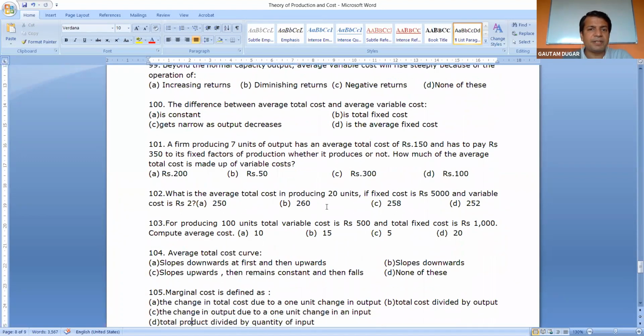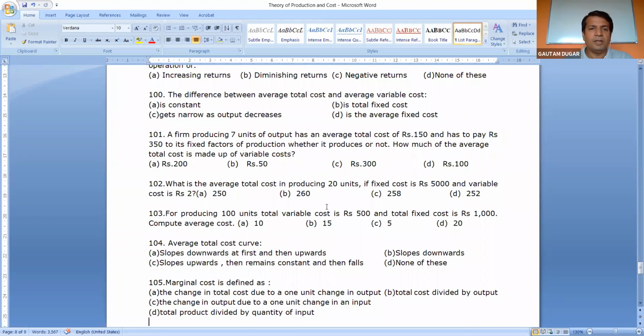101. Be a bit careful. A firm producing 7 units of output has an average total cost of 150. Remember, if the average total cost is 150, that is, average cost is 150, then total cost for 7 units would be 150 into 7, which is 1050.